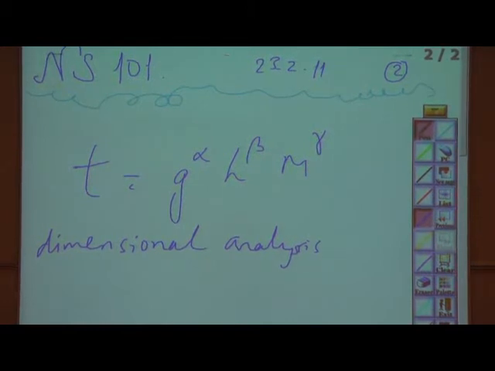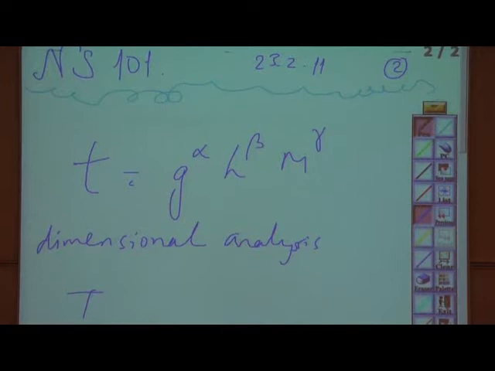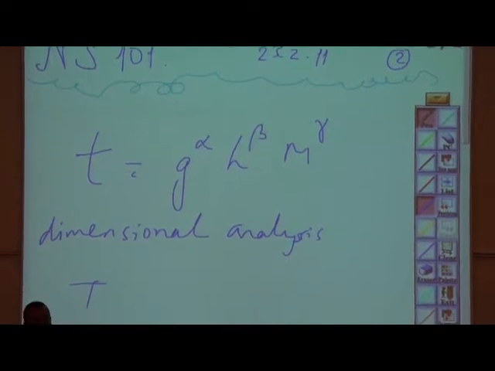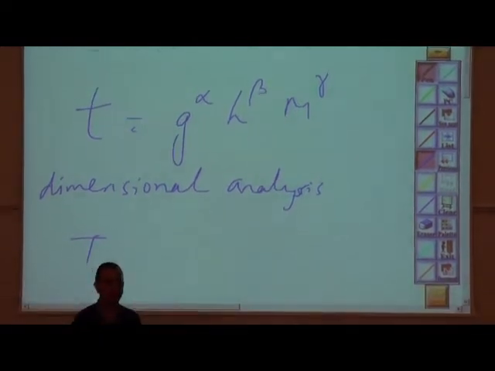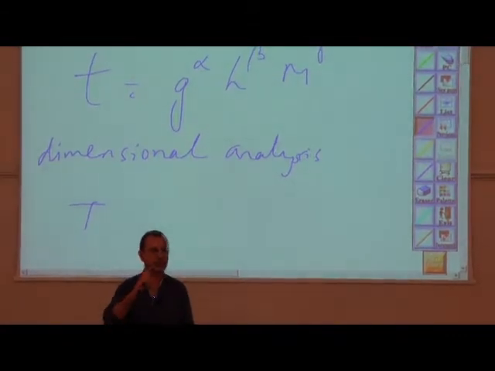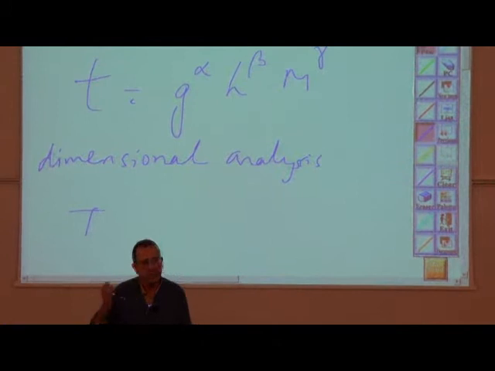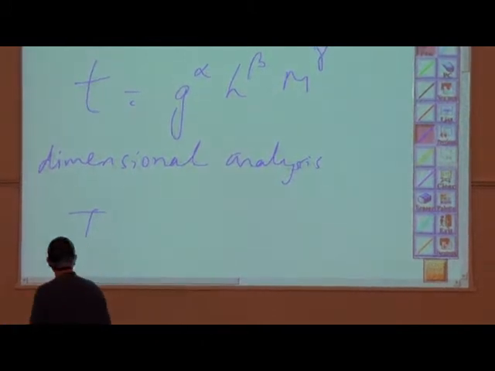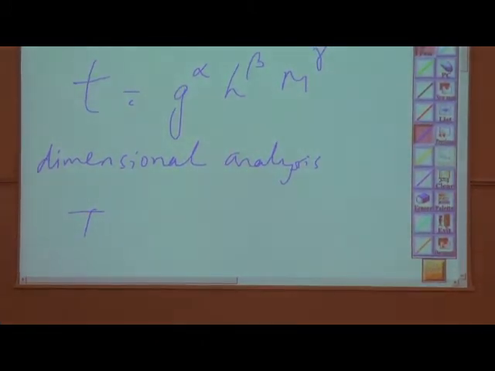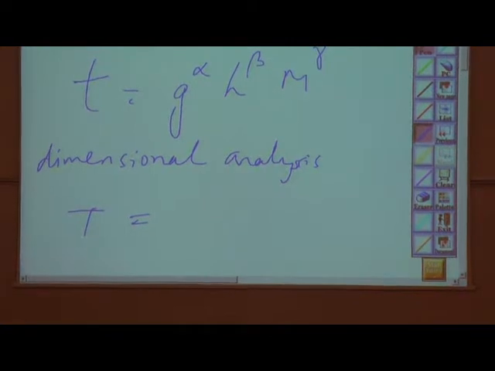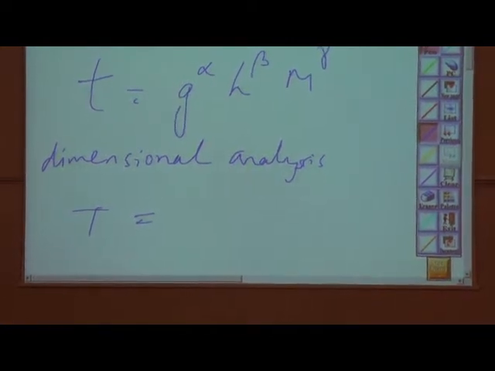The dimension of t is just time. You could say t, but when I talk about dimensions, I usually will use capital letters. Okay, so it doesn't matter. T will be equal to, now what is the dimension of g? G is an acceleration.